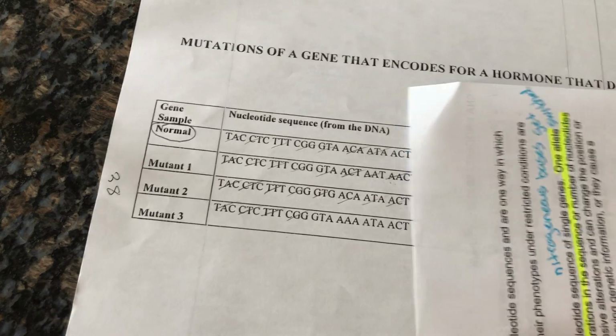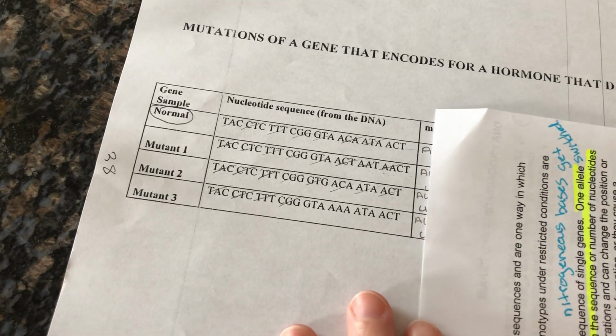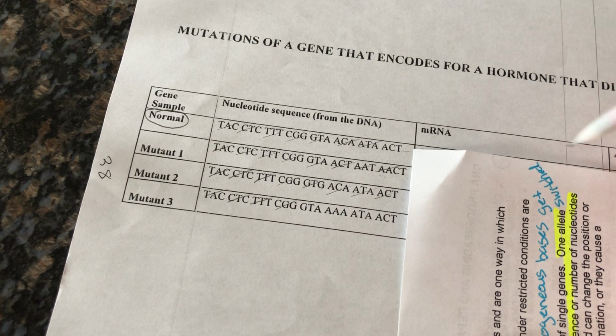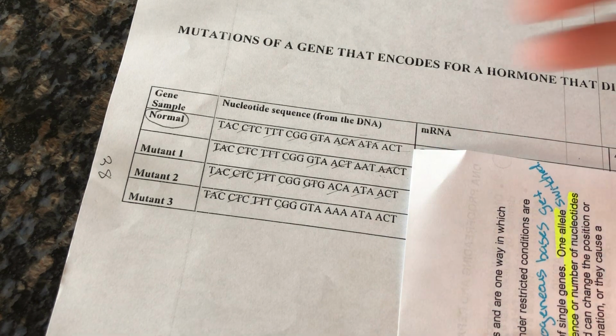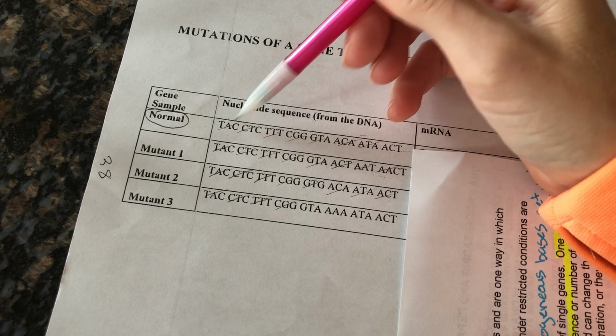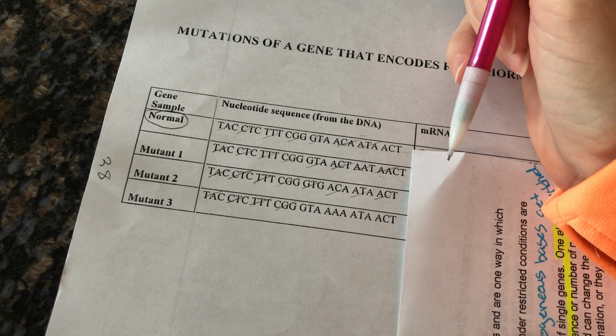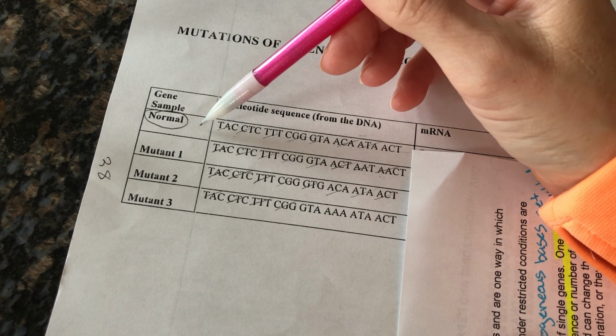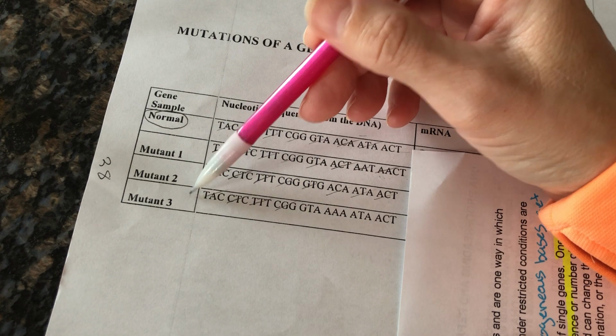So you're going to pause the video and come up with the mRNA sequence that pertains to this. If you're unsure, you're making mRNA. So you're going to say AUG, so go ahead now and complete the mRNA sequences for all of these mutants.